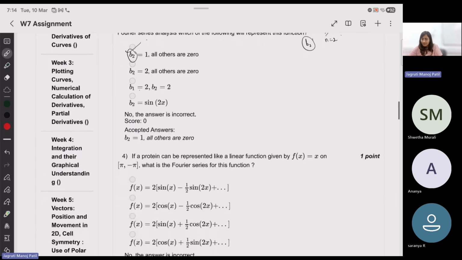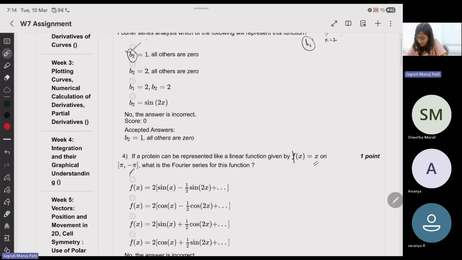If the protein can be represented like a linear function given by f of x is x on this interval, what is the Fourier series for this function? So here, I'll give you a hint, think smartly. Don't just directly start writing.